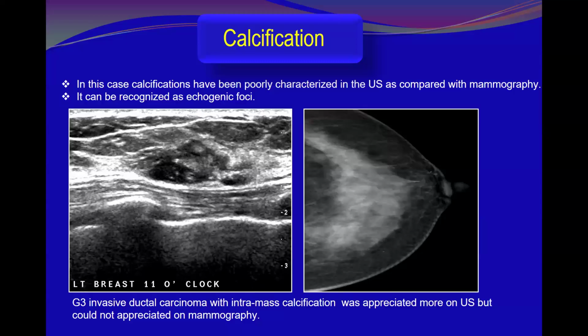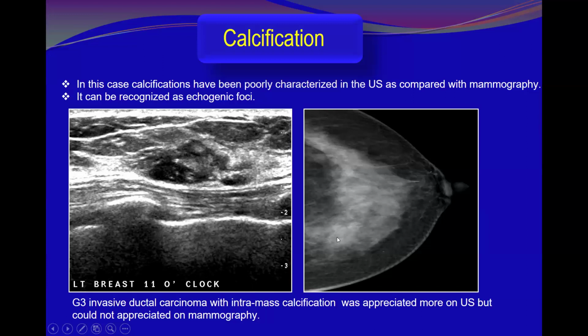This is my patient. In this case, this was a lady about 50 plus. She was a secretary in our department and complained of a palpable lump. This is her mammography. She has an asymmetry here.